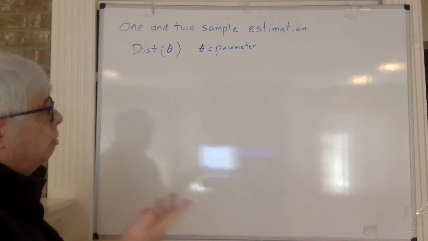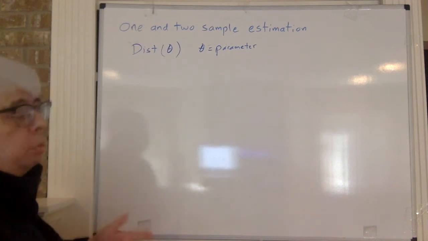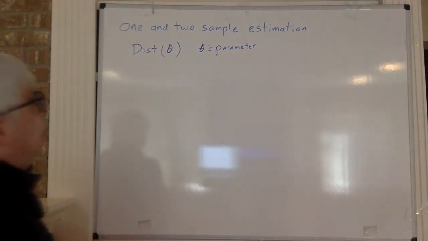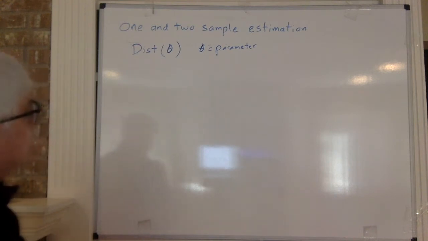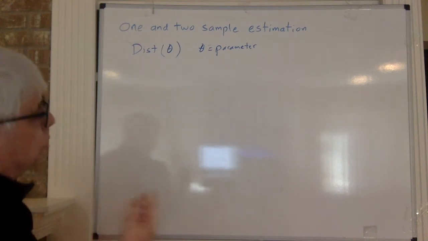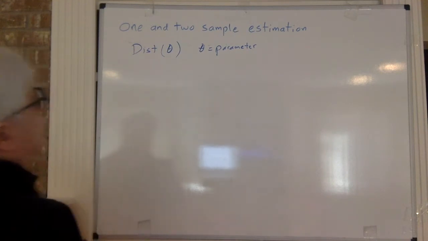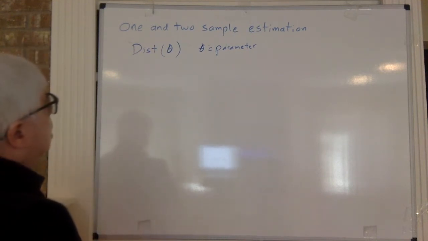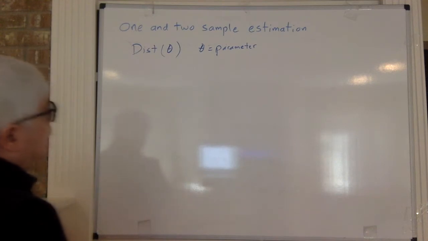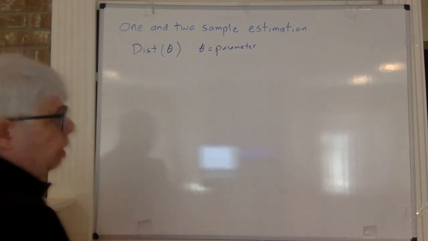So we just take it to be, say, normal or something else. And it has a parameter or parameters. Now let's say it has just one. Or even if it has more than one, we go one by one, or sometimes we take into account both of them. Well, so let's say that we want to estimate this theta, the parameter.